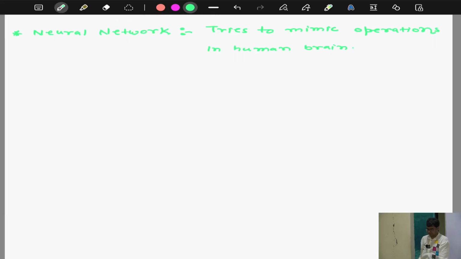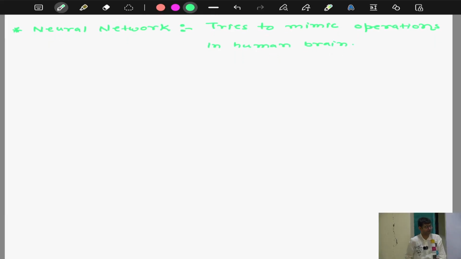Now, what is the operation in the human brain we are talking about? Any idea? You remember in biology a neuron has different components, dendrites, axon and all of those things. So, how do these neurons operate? That will come later, you are right, but first, the dendrites collect information from the axon of the neighboring neuron.